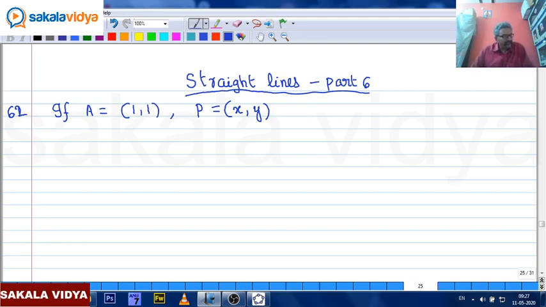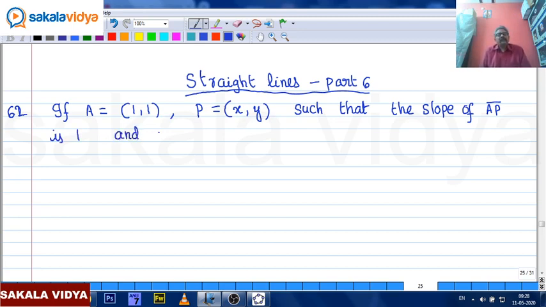such that the slope of AP is 1 and AP is equal to root 2.